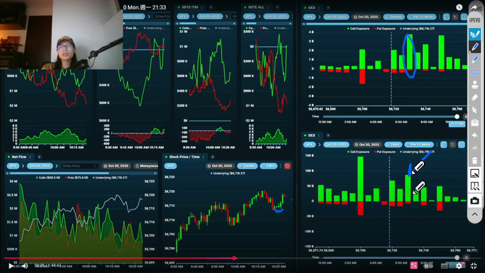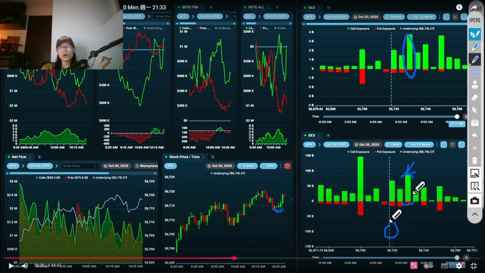But as you see here, the 6730, the delta exposure over here looks quite big. Spot price is over here, but the delta exposure in 6730 is quite big. So that means the delta over here, as you know, is not big. But why is the exposure of delta big?